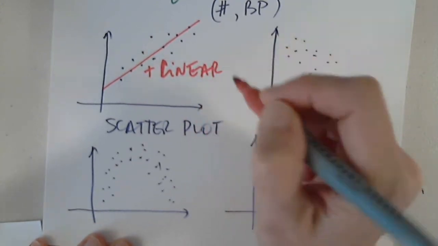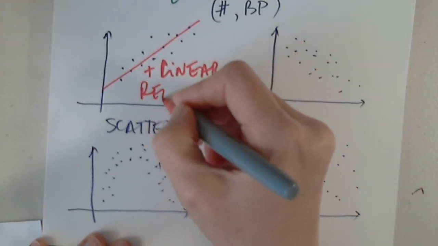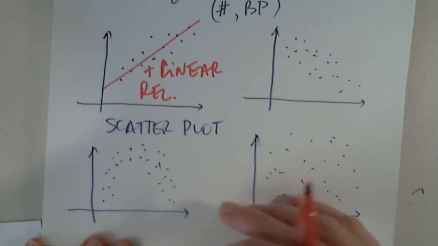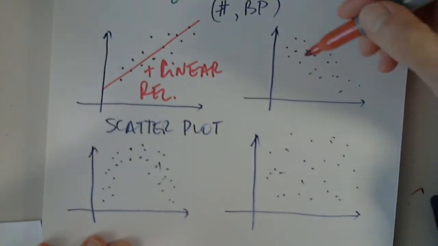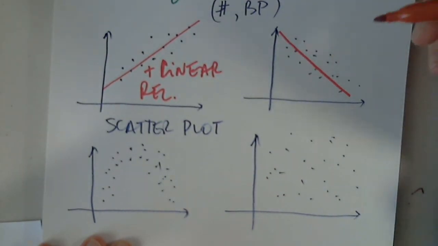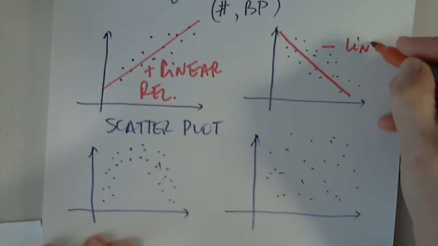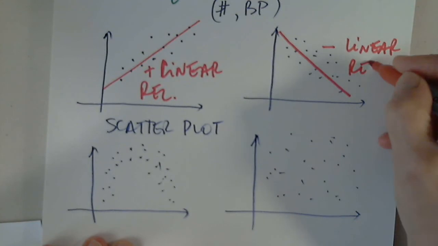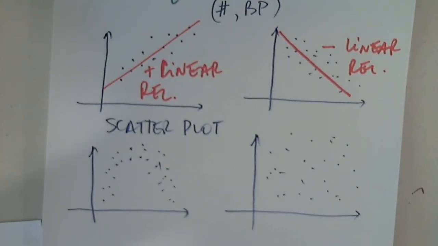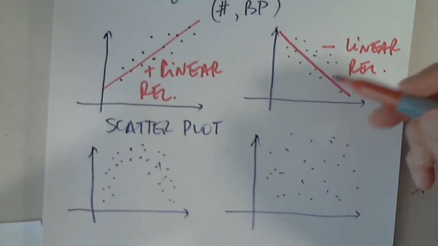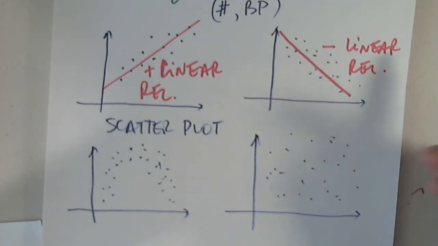It appears to be a positive linear relationship. I'm looking at this one, and I could approximate the data set with a negative linear relationship, or I could say it's a negative linear relationship. Of course, the line could never pass through all the points.